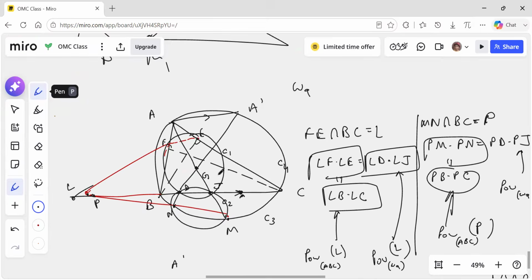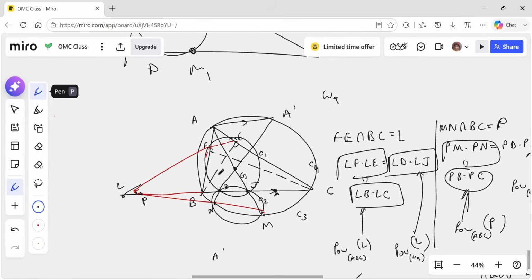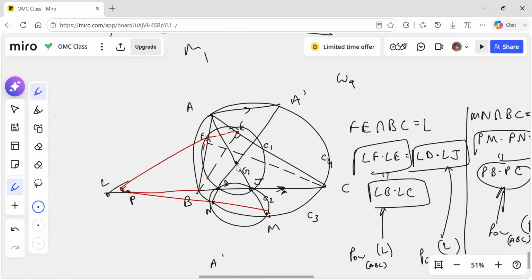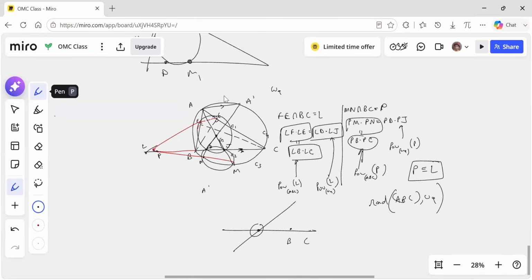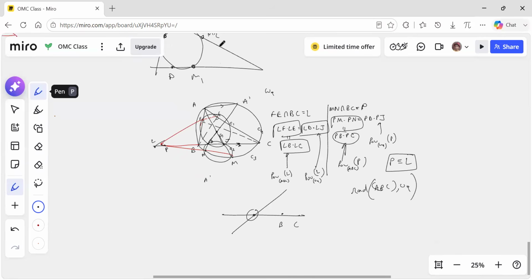I guess involution, because we have PP, BB, PP, BC, DG as involution pairs. Okay, fine. Involution is a bit too hardcore for this problem, but yeah, I trust you. I think it will be done because we can project from A, then we get P goes to Q, and then from there we are done.